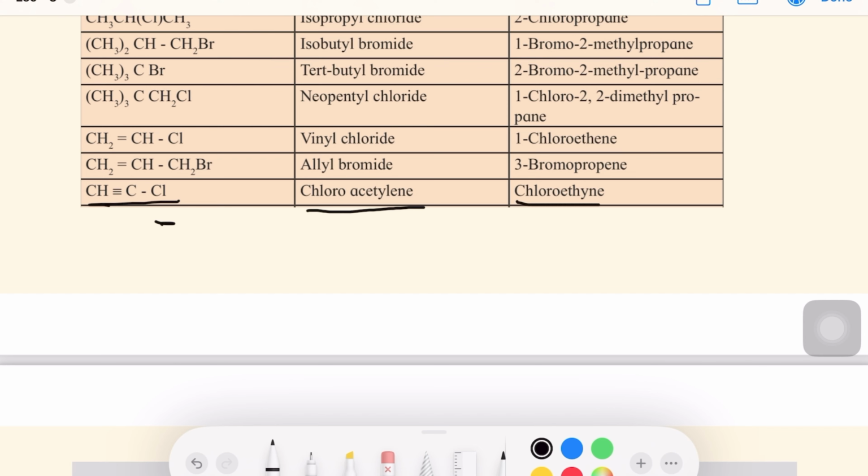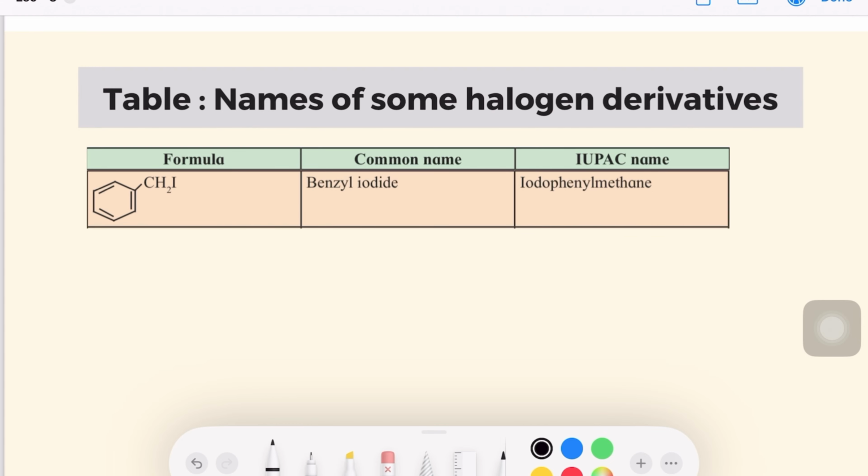Okay, it is an example of a haloalkyne. Then next is a benzene ring with CH2I. When any halogen is attached to the carbon atom which is directly attached to the benzene ring, such type of functionality is known as benzyl, and the halogen is iodine, so it is named benzyl iodide. And the IUPAC name of this compound: how many carbon atoms are there? 1.